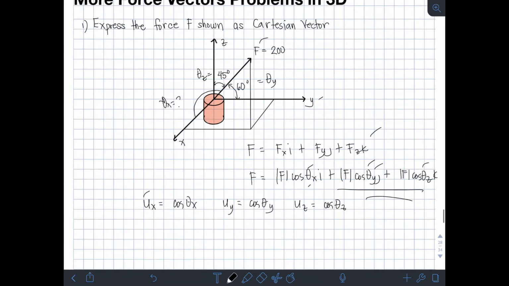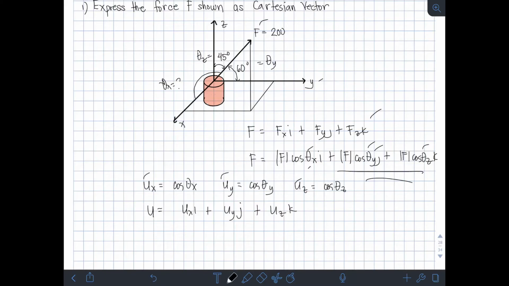So, dahil mga unit vector to, kapag kinuha natin yung magnitude, so parang ito yung unit vector natin yan, diba? ux i plus uy j plus uz k. So, bale, ang magnitude niyan is square root of ux square plus uy square plus uz square. Dahil unit vector, dapat naka-equate sa 1.